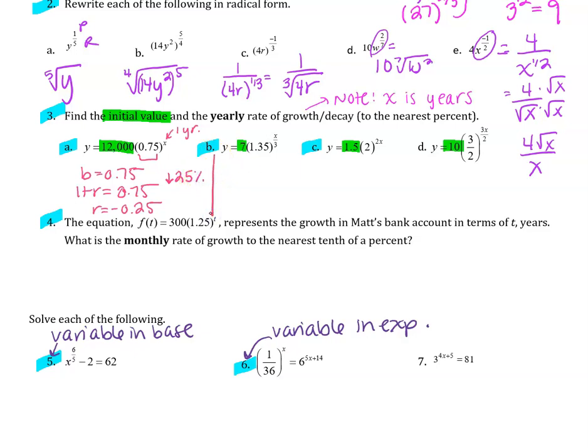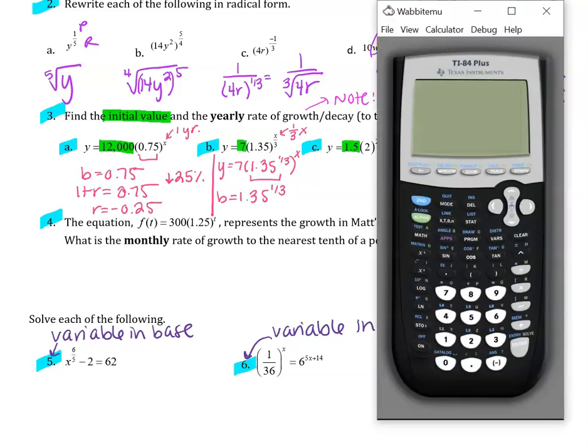So we are decreasing by 25% per year. Now the next one's a little bit trickier because I don't have a 1x on the outside, I have a 1/3 x. So what I'm going to do is rewrite my function like this by swinging in that 1/3, and now my b value is 1.35 raised to the 1/3. So I go to my calculator.